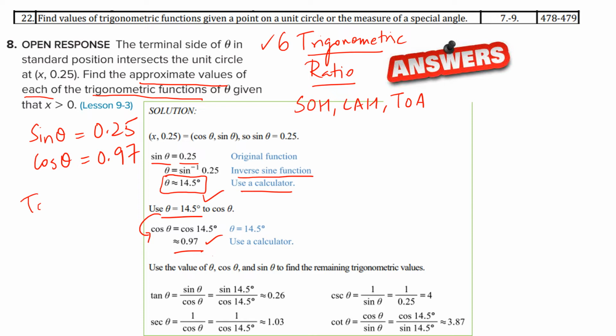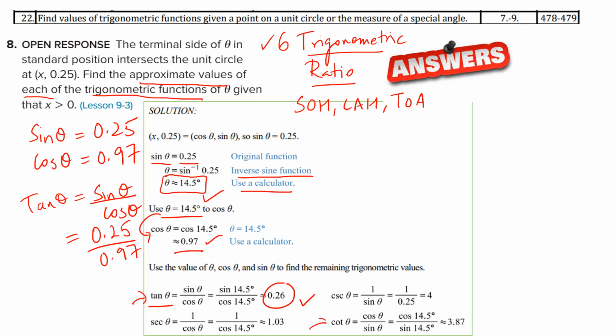So we know if we have sin and cos, tan is easy to find. Just take their division. That's your quotient identity. When you do that, 0.25 divided by 0.97 would give you tan theta as 0.29. Again, approximate.